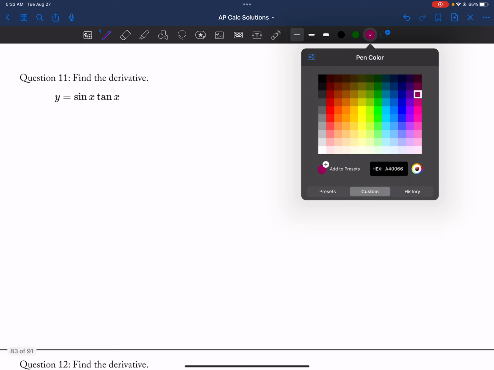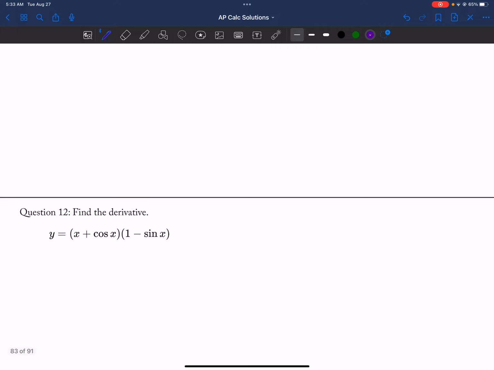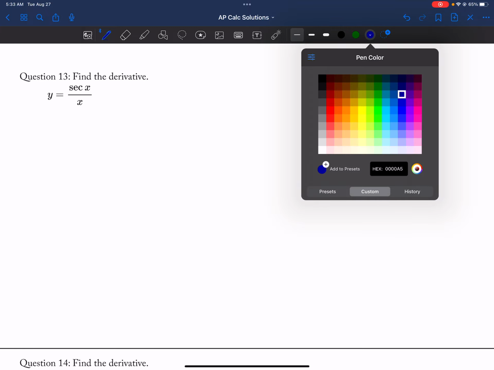Here's another odd number question. Y prime, tangent times cosine plus sine times secant squared of x. And I wouldn't do anything with this one either. There's 12, here's 13.